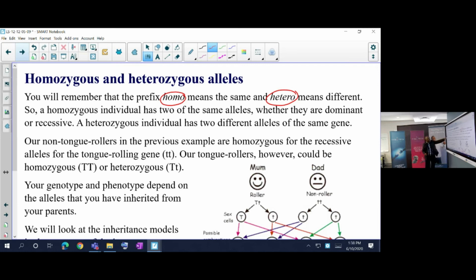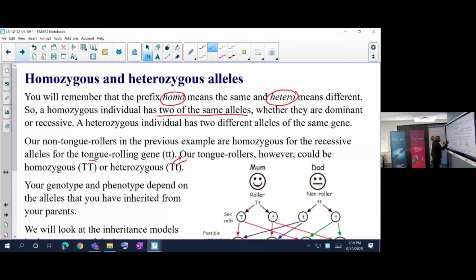So homozygous individuals, homo means same, which means you have got two same alleles. In my previous example, when I was showing dominance and recessiveness, you are not homozygous if you are carrying a recessive small t and a dominant T. You are heterozygous.